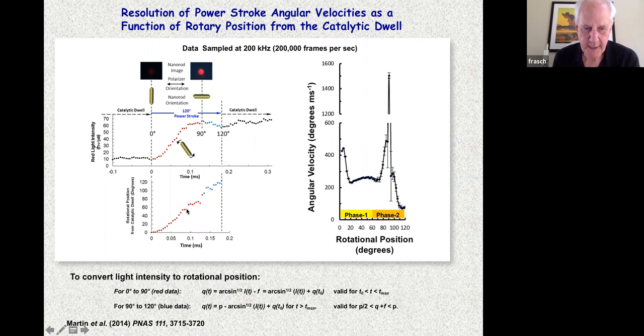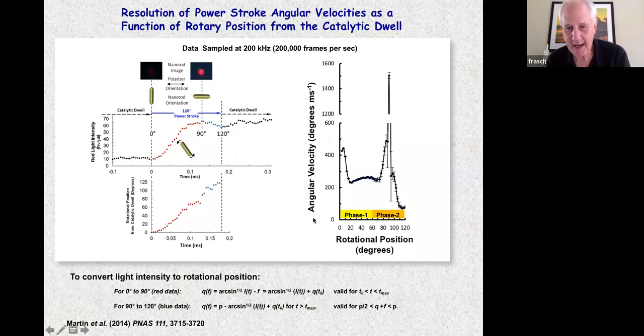The first 90 degrees uses this, but now it's going in the opposite direction, so we have to use a different equation to get from 90 to 120. We take thousands of these, convert them, average them, and then take the derivative, and that way we can see the difference between each of these data points. And that way we get the velocity.